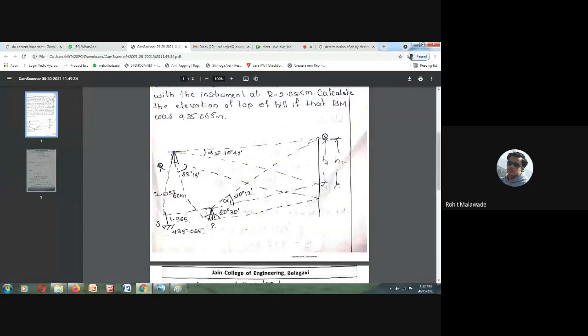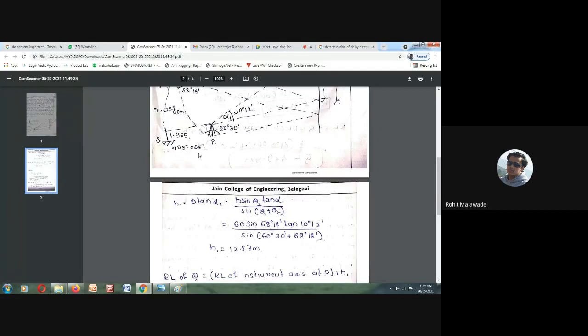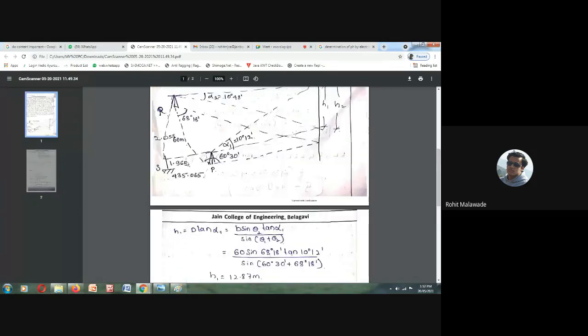So we have found the height H1. How are we going to find the height of Q? Q is equal to the benchmark plus this and plus this. The RL of the instrument axis at P is 435.065 plus your staff reading.